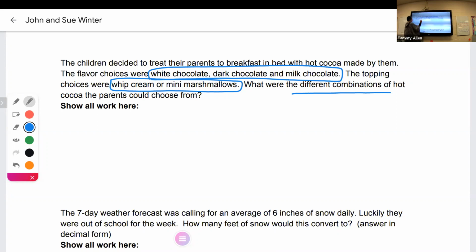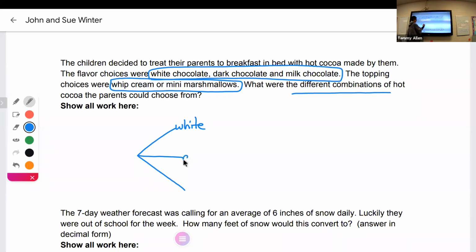But in making a tree diagram, we can show what our different combinations are. Our first choice has 3 different options. So in our tree diagram, we will have 3 branches to it. And our first choice is white chocolate. So I'm just going to put white here. Our second choice is dark chocolate.